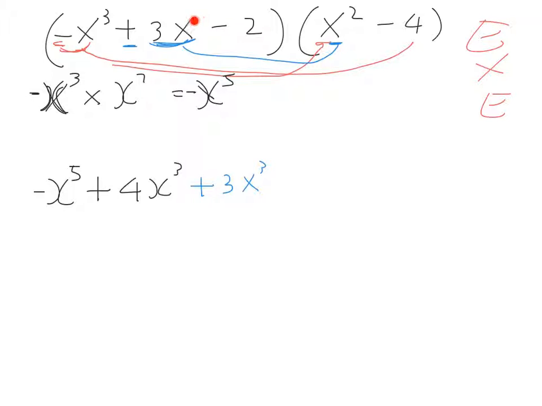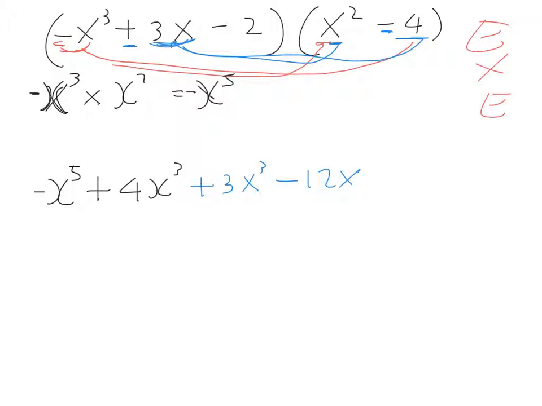Because this one is x exponent 1, so we don't write the exponent 1. This one has exponent 2, we sum them because it's a multiplication, and so we've got x cubed. Then we've got 3x times minus 4. Remember that this 4 is negative, so a positive quantity times a negative quantity gives me a negative quantity, and it's minus 12x.